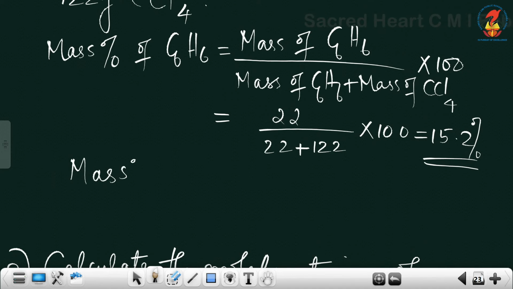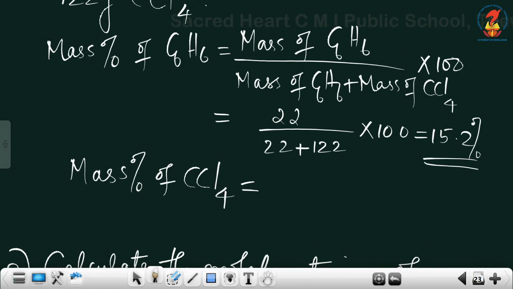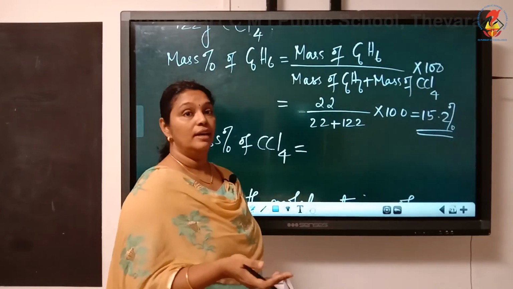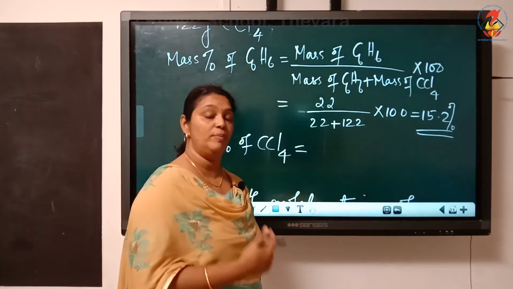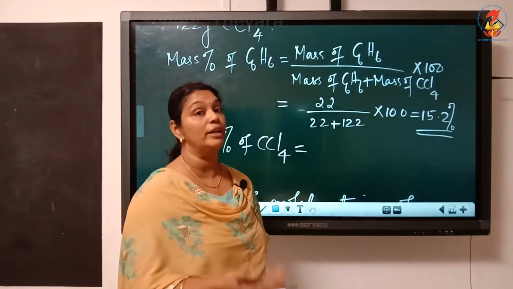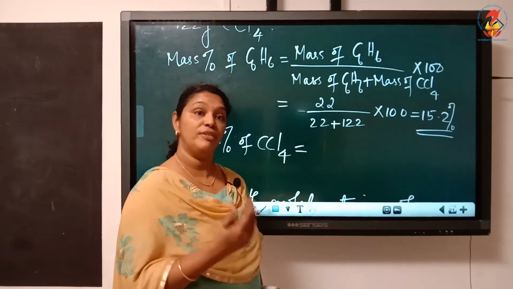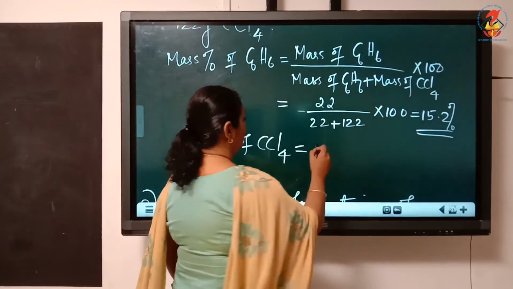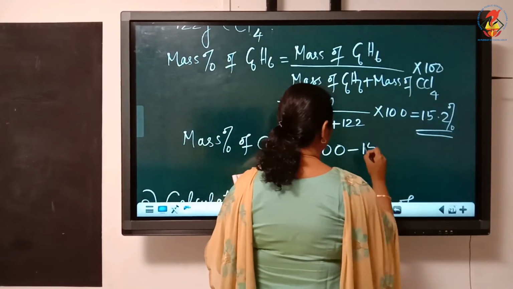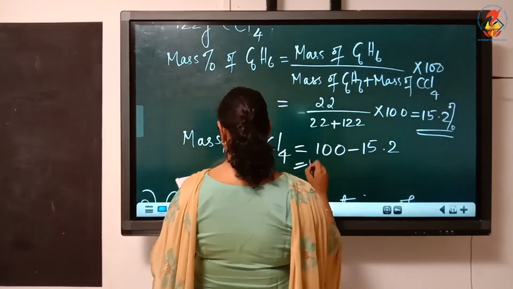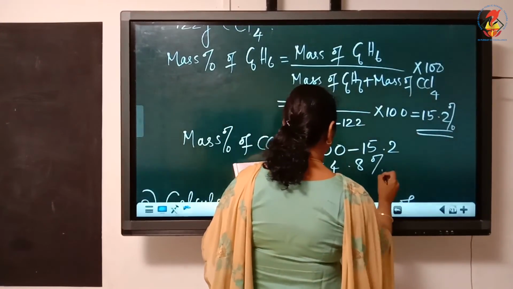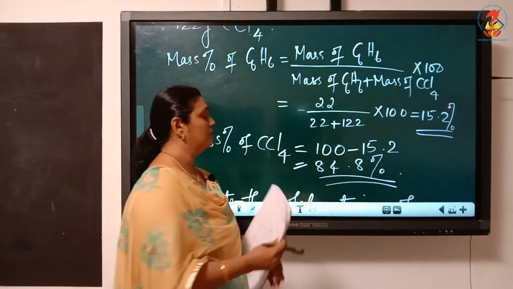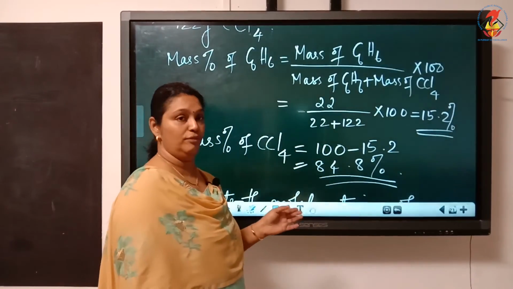Mass percentage of CCl4: either you can use the expression, mass of CCl4 divided by mass of benzene plus mass of CCl4 into 100, or you can subtract from 100. So, this will be 100 minus 15.2, which is equal to 84.8%. So, we get the mass percentage of CCl4.